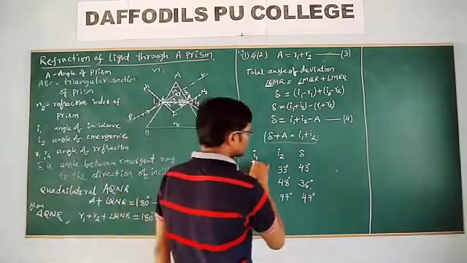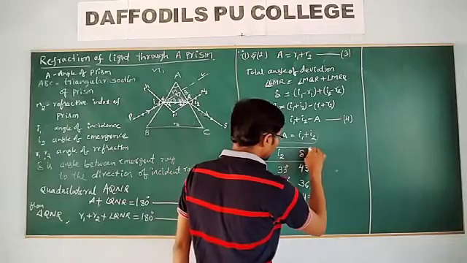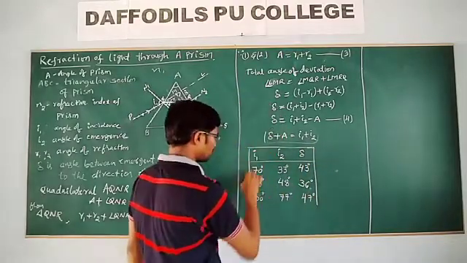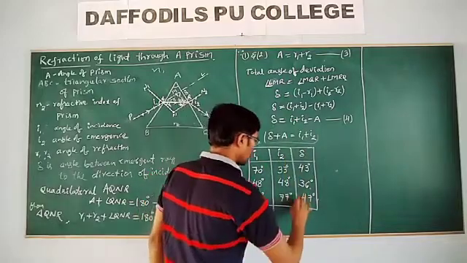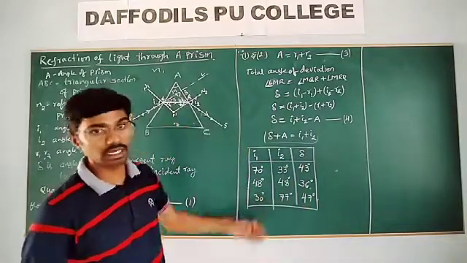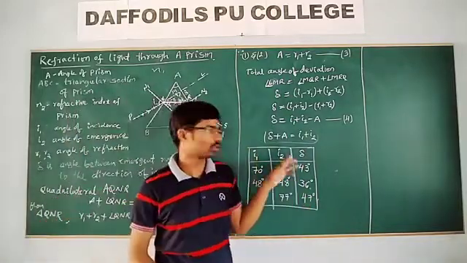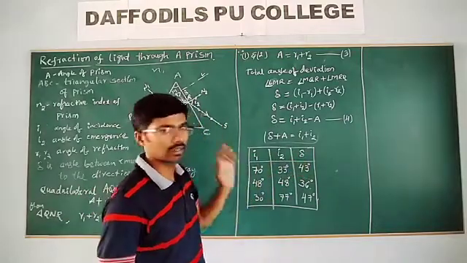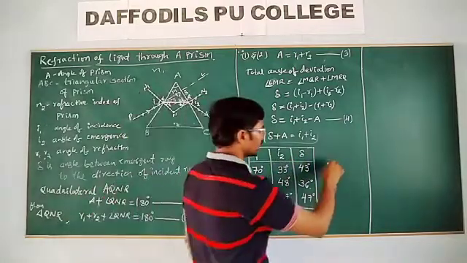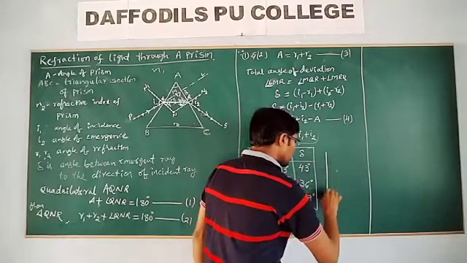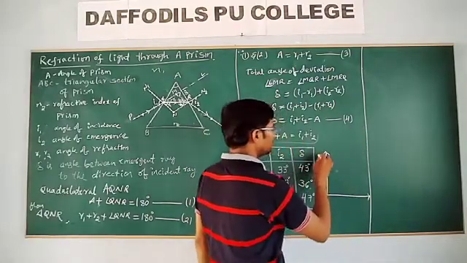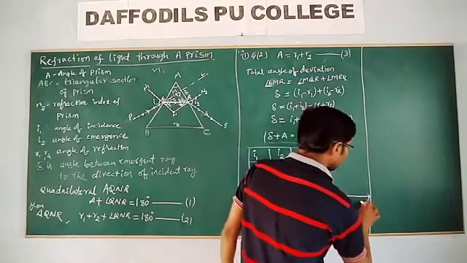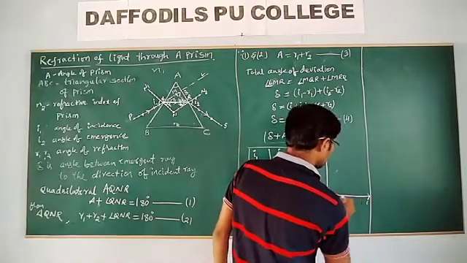Now what you can observe from these values, which I have shown here for our reference. Let me draw the graph for the variation of the angle of deviation with the angle of incidence.